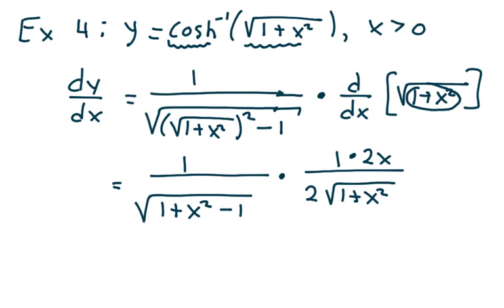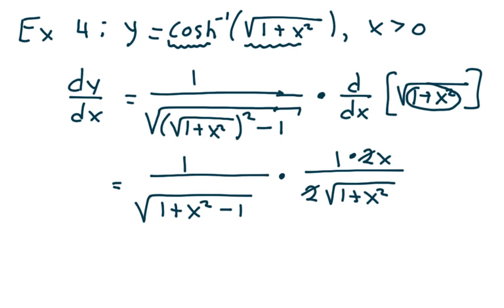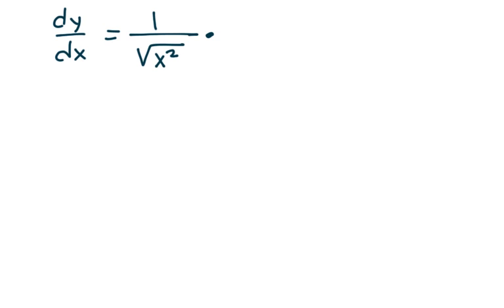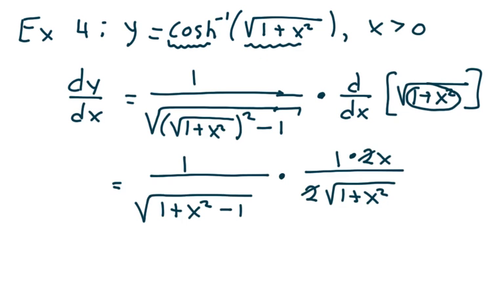Now, on the next line, notice how the 2's cancel, and we get dy/dx is 1 over the square root of x squared times x over the square root of 1 plus x squared, right?